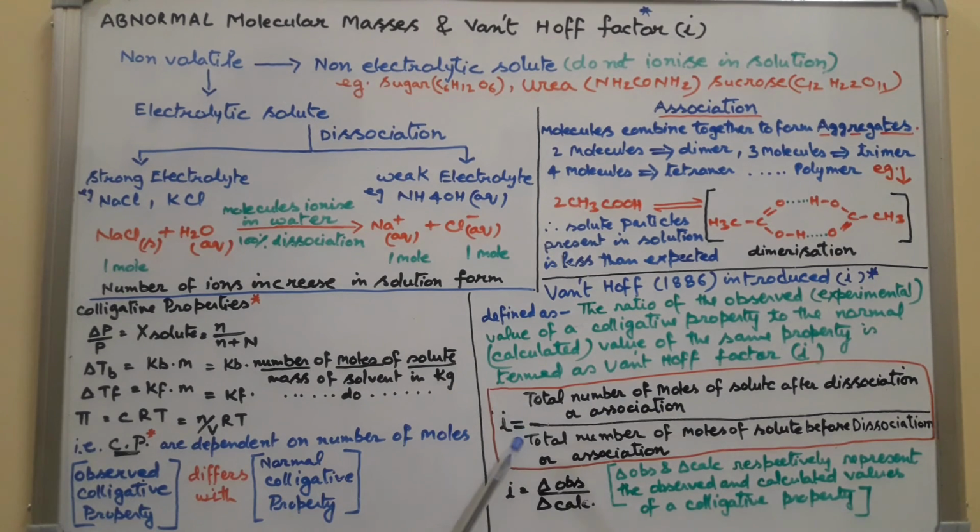So that's why i is equal to, and again see this, I have written here delta obs, observed, and delta calculated. These represent the observed and calculated value of the colligative property.